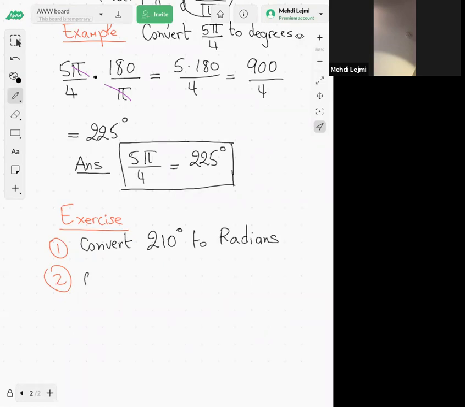And then please try to convert 7 pi over 6 to degrees. Okay, guys, you have, let's say, 5 minutes to think about this exercise.